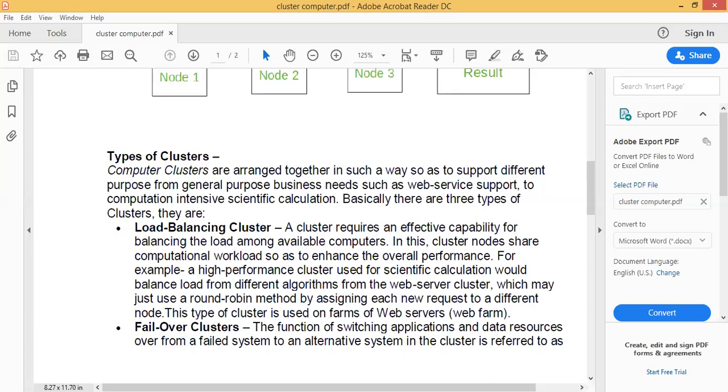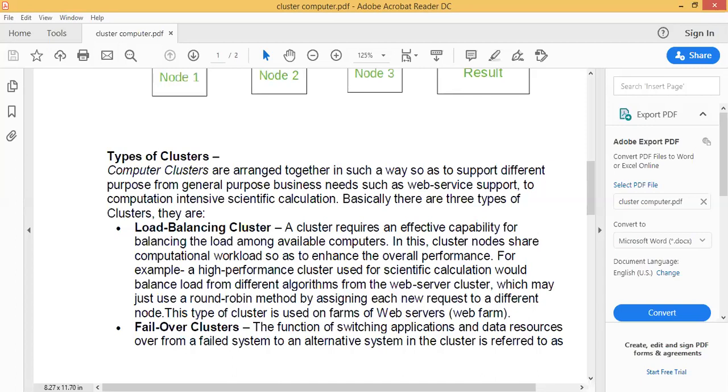For example, a high performance cluster used for scientific calculation would balance load from different algorithms, while web server clusters may just use a round robin method by assigning each new request to a different node. This type of cluster is used on farms of web servers.